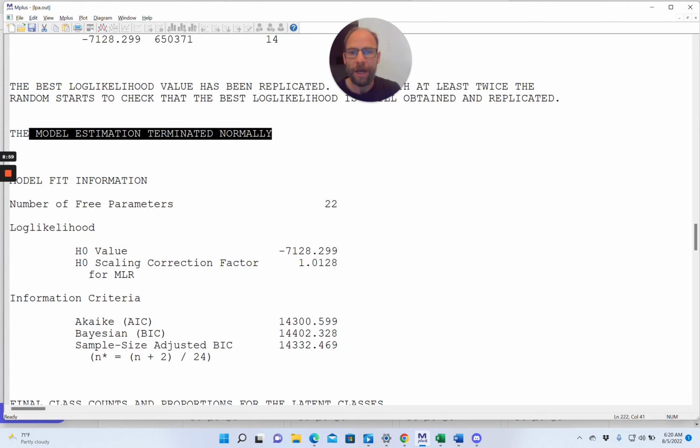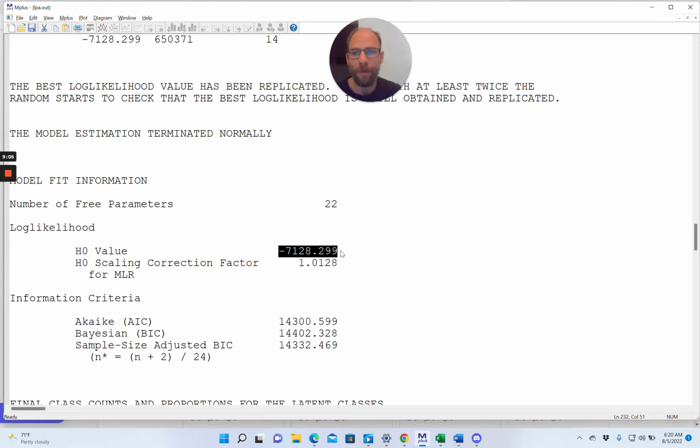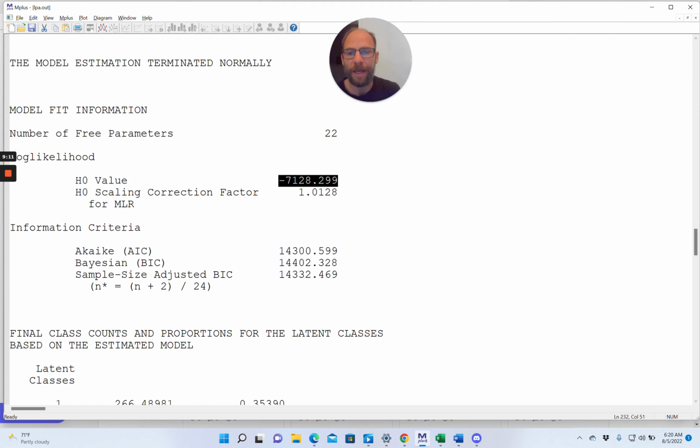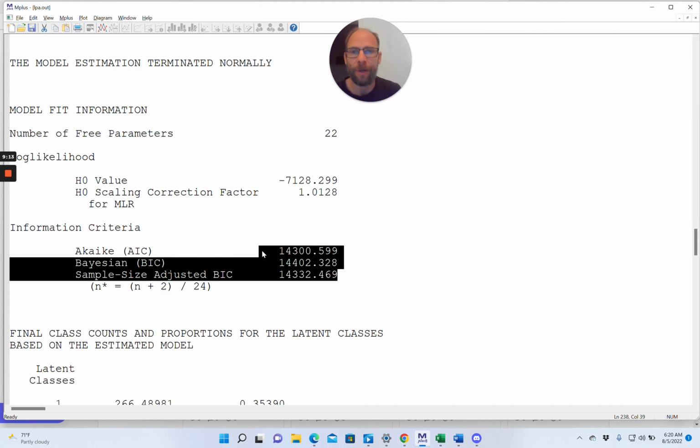And so then we get a bunch of fit statistics here, the log likelihood value again. This is the one that we already saw. And then also we get information criteria that we can use to compare different models. So for example, if you wanted to find out, is 3 classes good, or do I need 4 classes, or are 2 classes sufficient, you could compare the information criteria values across solutions with a different number of classes.